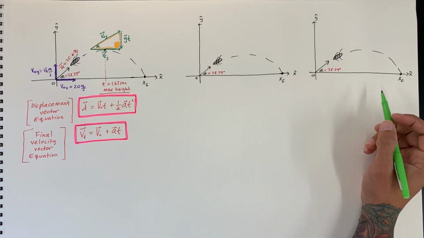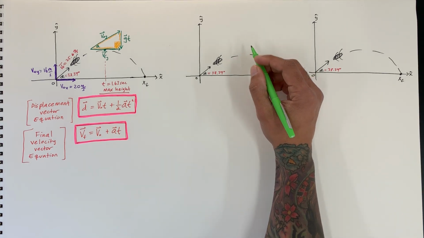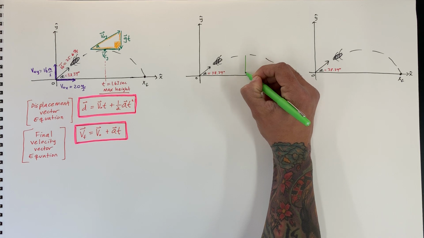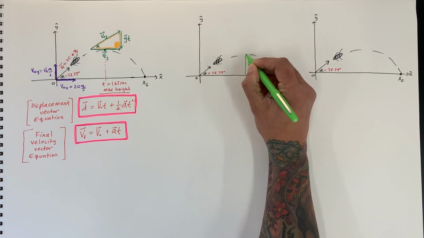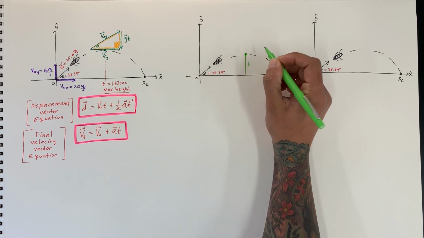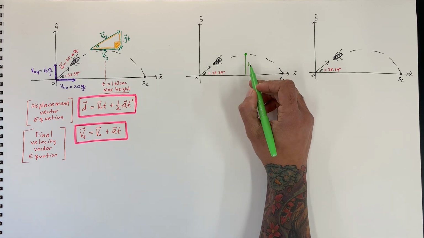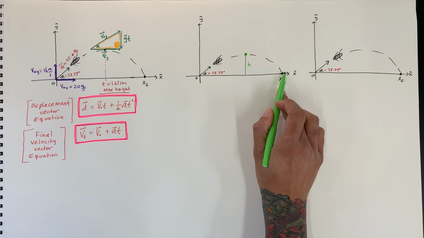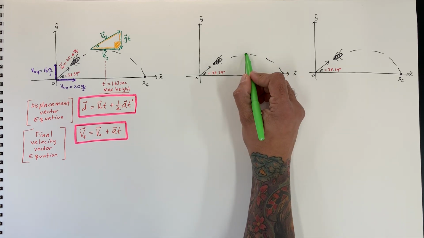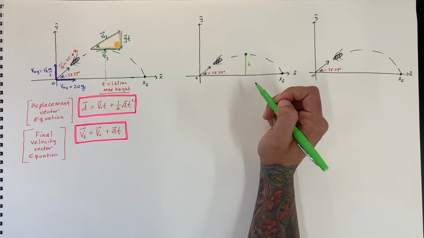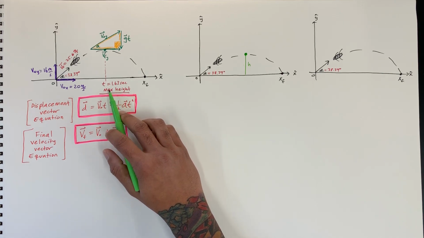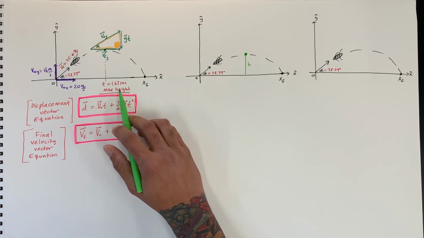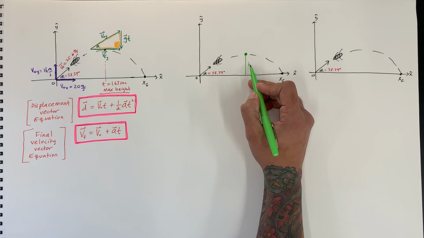Okay, so let's look for the height right here at the maximum, at the max height. So the football traveling along this trajectory gets to this point here, where we found the time at the maximum height, and now we want to know how high that is.